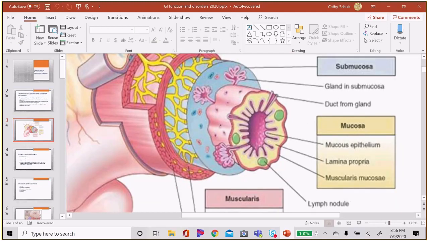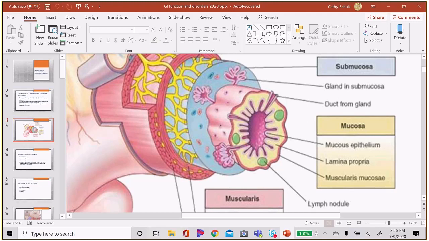There is the mucosal layer, which is where the mucus is made, and then you can see there's some lymph nodules throughout the GI tract, and the mucus is again part of that innate barrier and keeps this area protected and us protected from infections if possible.